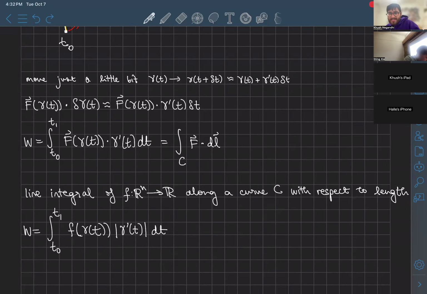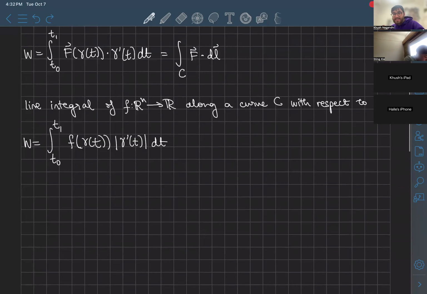Now let's do an example to see if this even makes sense. Say I wanted to compute the length of a circle of radius r. So in other words, I want to compute the circumference of a circle. Now, I mentioned that if I integrate a function along a curve with respect to arc length, it's how much the function contributes as I move along the circle, and I'm adding up all these contributions.